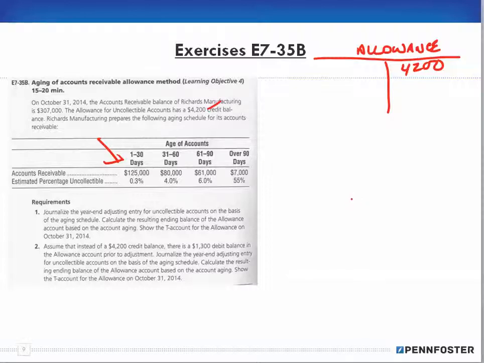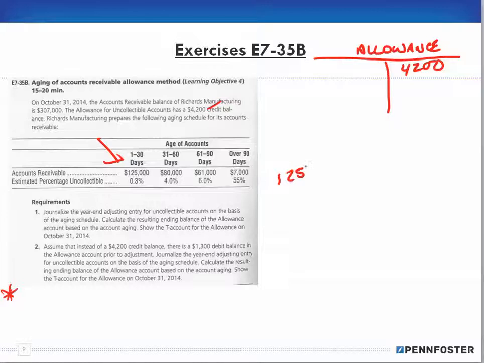So let's do the aging here. Okay. So if my accounts receivable is 125,000, I'm going to write the journal entry down here. Okay. Here's where I'm going to write the journal entry. I'm going to do the math over here. All right.